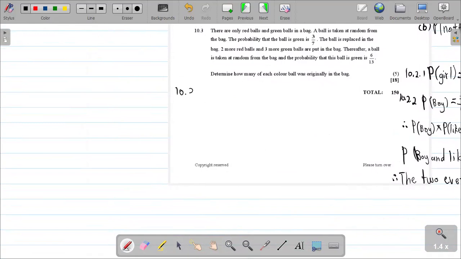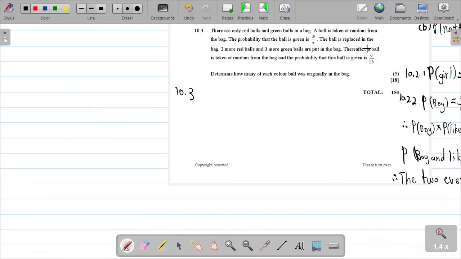So let's go to 10.3. They say there are only red balls and green balls in a bag. A ball is taken at random from the bag. The probability that the ball is green is 3 out of 7.